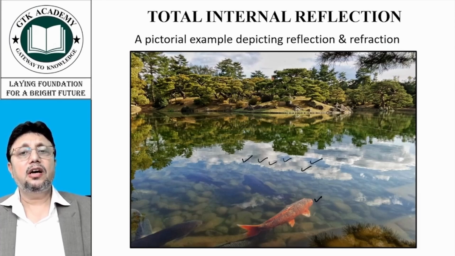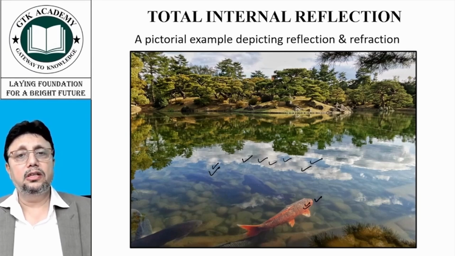The light rays coming from those objects like trees and clouds are falling on the surface, and from there they are reflected. That is the reason we are able to see the reflection, and at the same time we are able to see the refraction. So light is reflected as well as refracted. I hope that this makes it pretty clear to you.